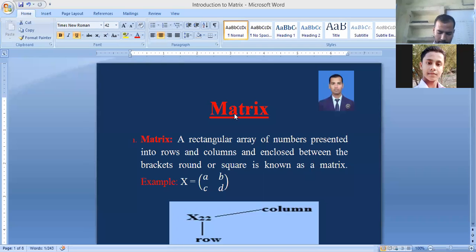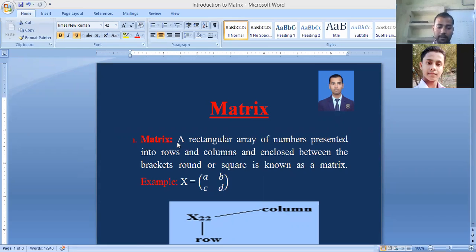Here we have the new topic chapter, that is matrix. This is especially used for arrays, that means the arrangement of data.